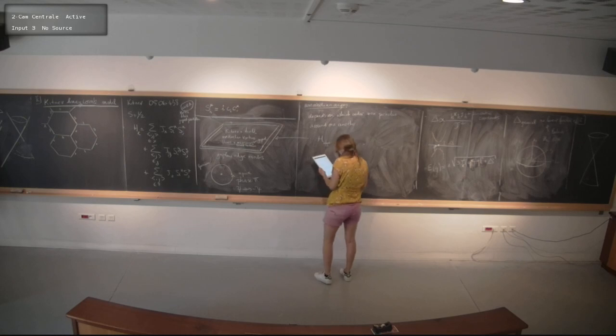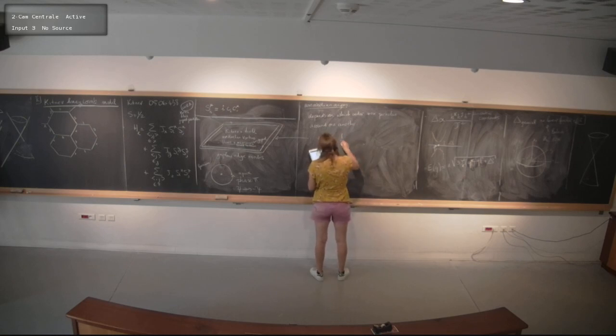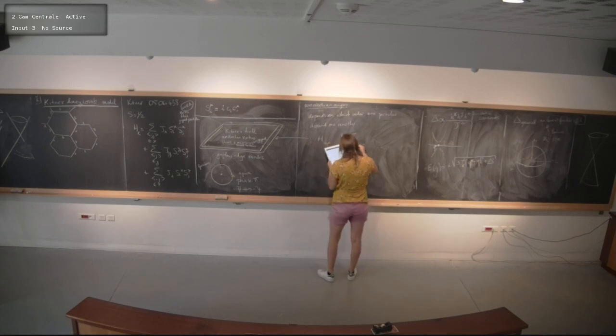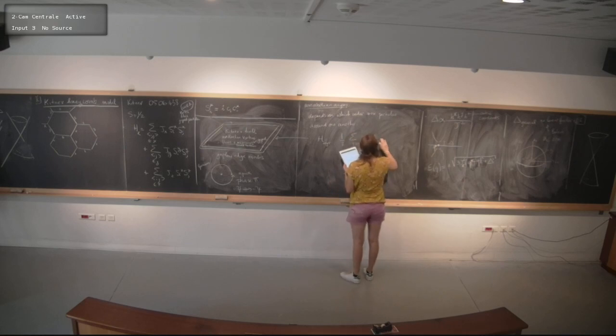So the Hamiltonian around the edge is the sum over positive q of epsilon of q, eta minus q eta q.